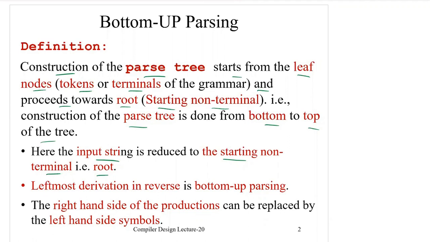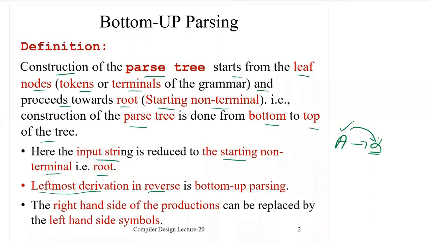This can be defined using one kind of derivation, a leftmost derivation in reverse. As usual, you take the leftmost derivation, but in reverse. Previously, in any production, for example A derives alpha, A is substituted with alpha.